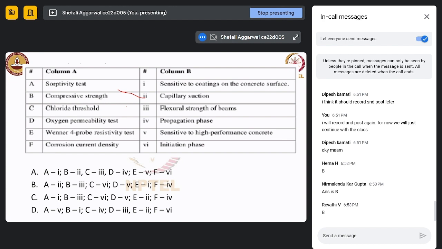Okay, chloride threshold test. What exactly?